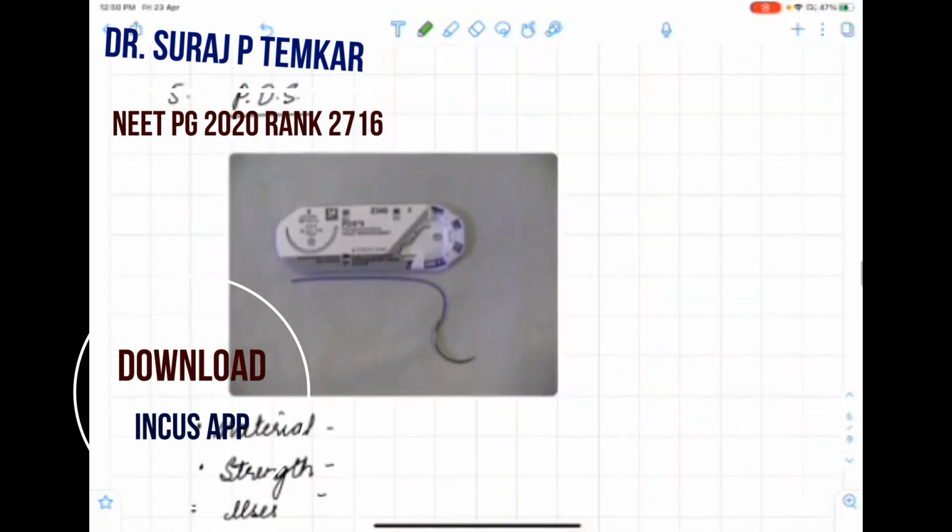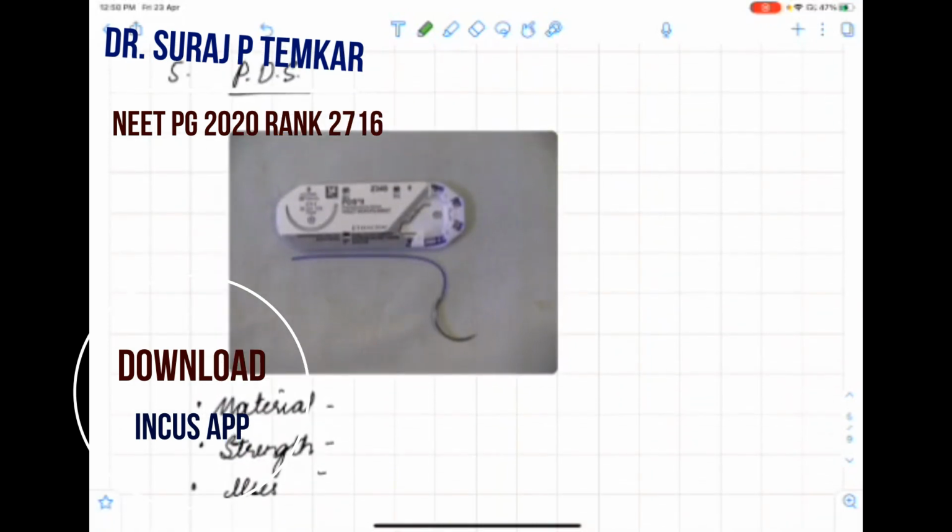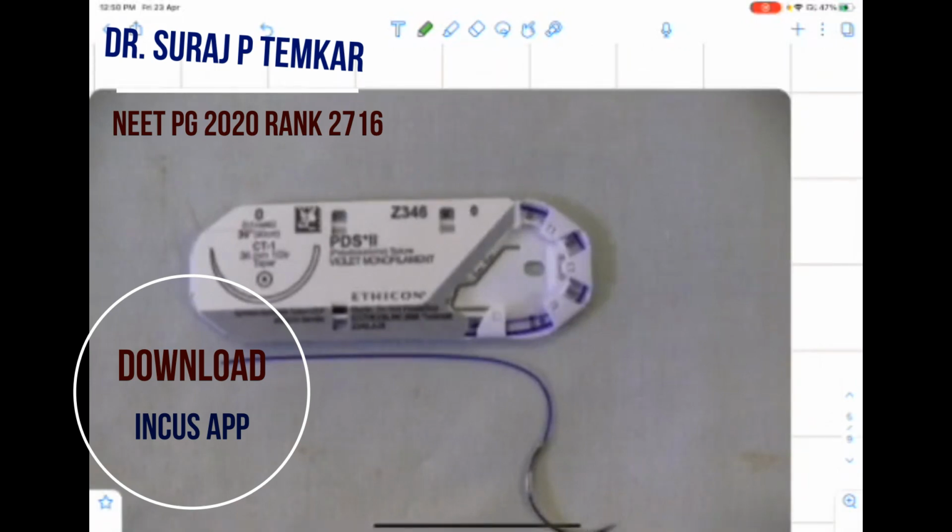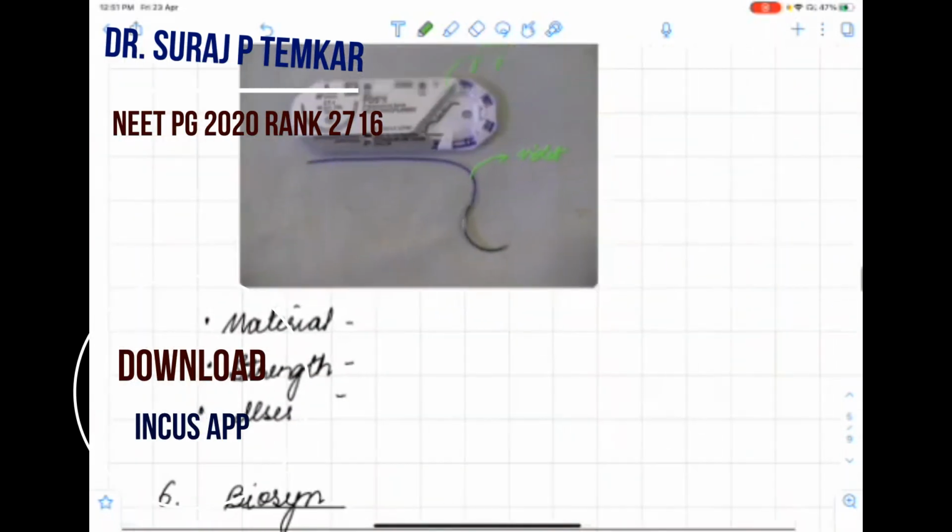And polydioxanone is a very important suture material. Polydioxanone suture. One weird thing about this is that the covering of this is gray, but the suture material itself is violet. Like I said, it's polydioxanone. The material is polydioxanone.